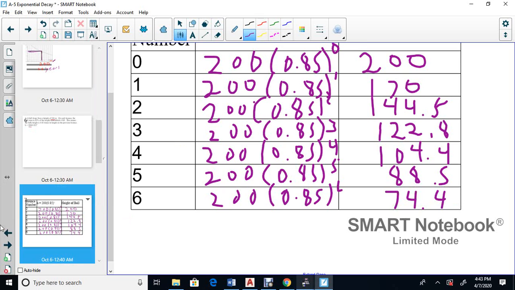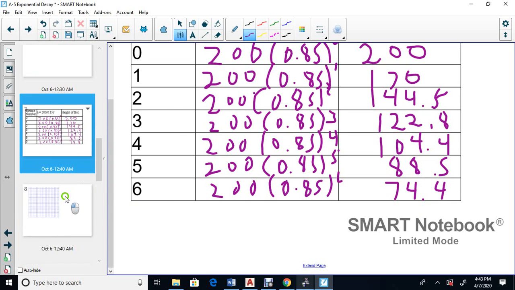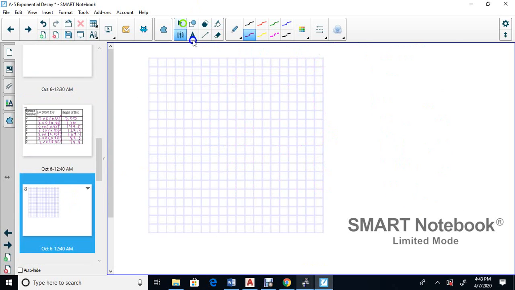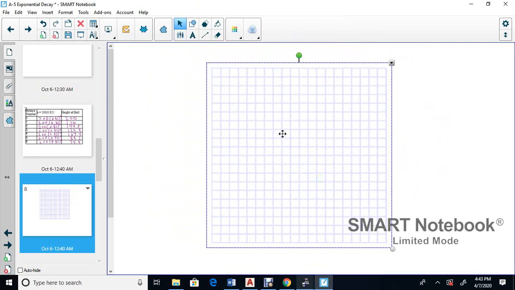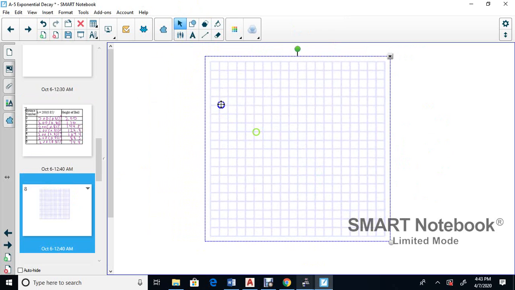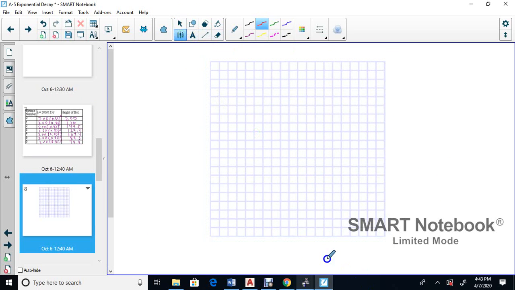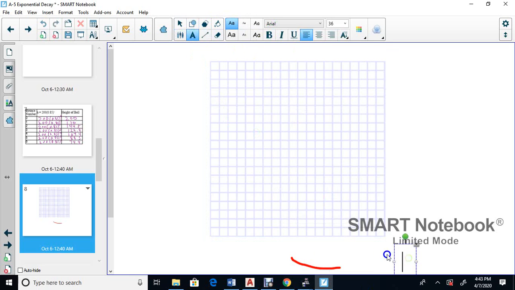Okay, now we're going to graph it. This time I'm going to move my graph over a little bit. Let's get some titles here. At the bottom we'll do the writing: ball bounce.